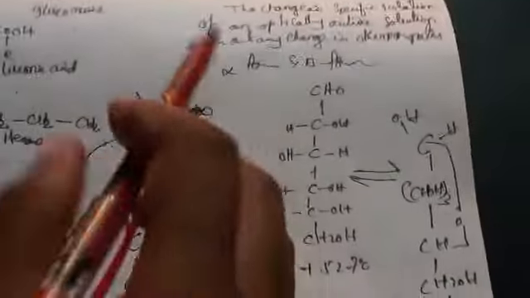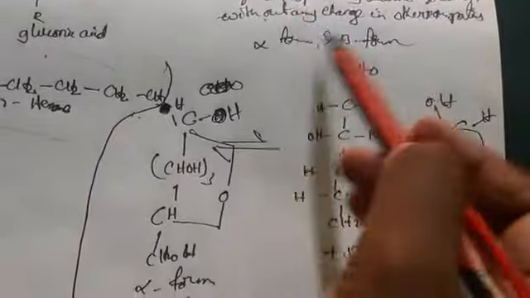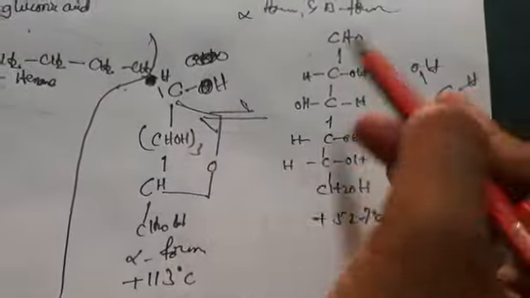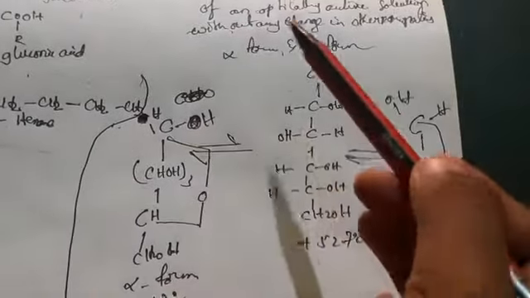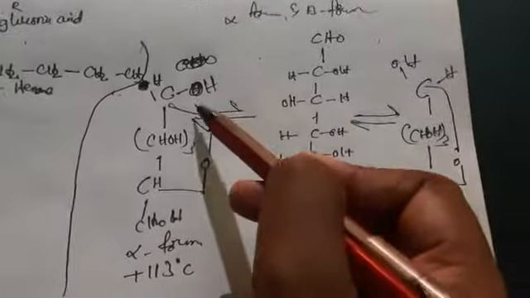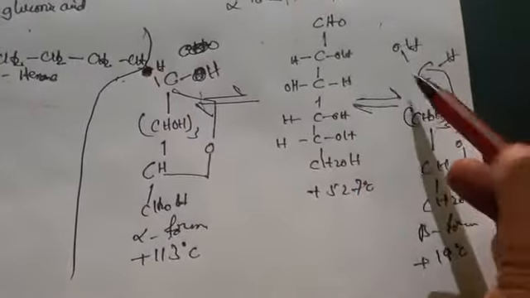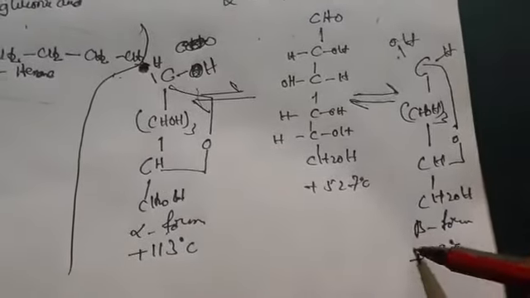So observe clearly what I have told you. The change in specific rotation of an optically active solution without any change in properties, we call mutarotation. It exhibits in 2 forms, the alpha form and the beta form. If the OH is on the right side, we call it the alpha form. If the OH is on the left side, we call it the beta form.